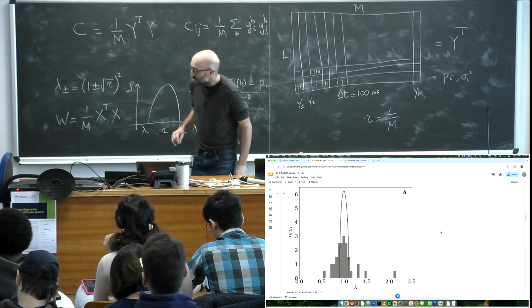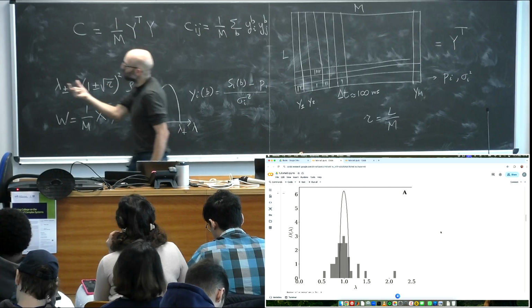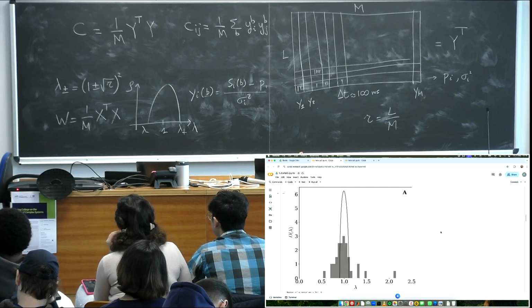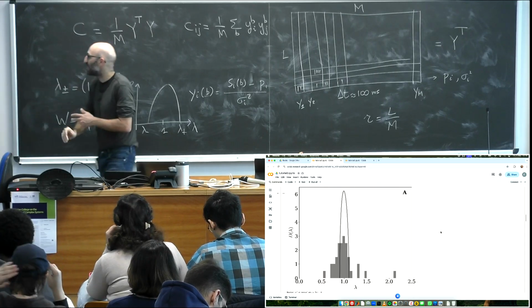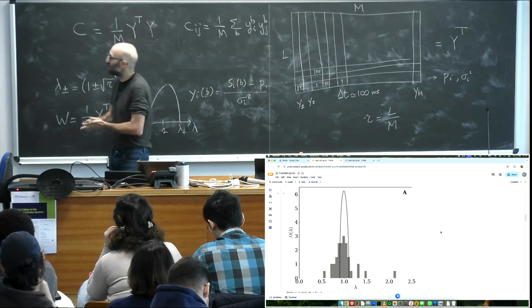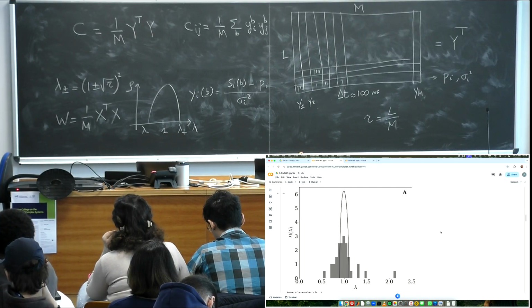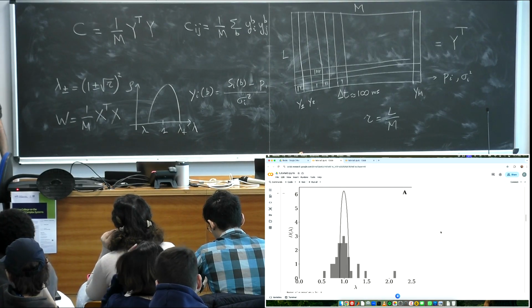So the spectrum is quite narrow. And what you see is that you have some eigenvalues that are much bigger than the lambda plus, which is what we discussed yesterday. If you have a strong enough signal, it will appear as an eigenvalue. Here you have more than one, but we will focus on the first one.